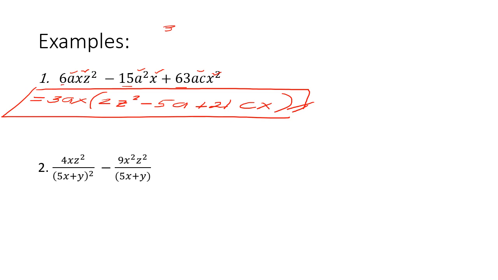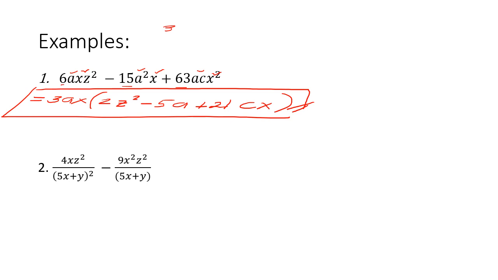Now, next, you have 4xz squared all over quantity 5x plus y quantity squared minus 9x squared z squared all over quantity 5x plus y quantity. For this expression, the only thing that we will do is to simplify or factor this out, right?